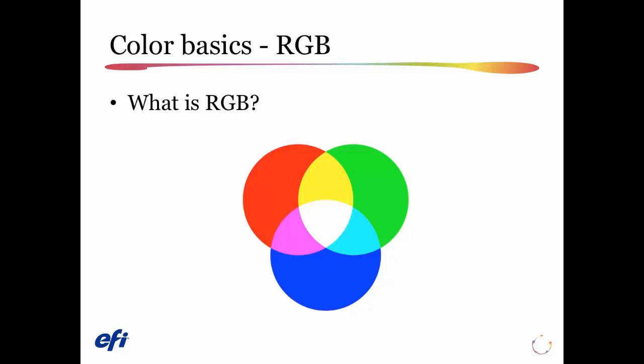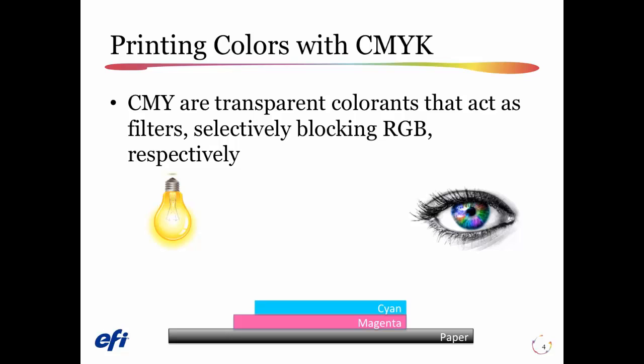So when we talk about CMYK, the printing colors, the first question is, if our eyes measure RGB, why don't we print with RGB? And the answer is that objects in the real world that might be red or green or blue or some other color are typically opaque.